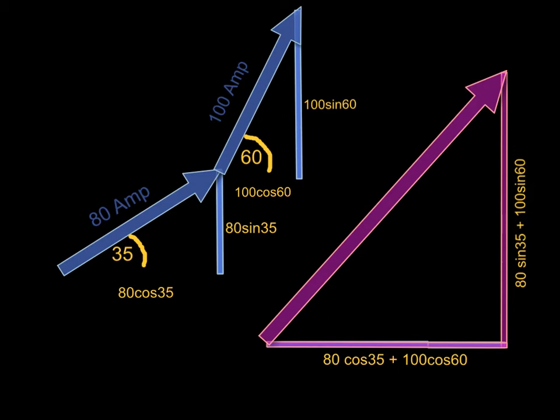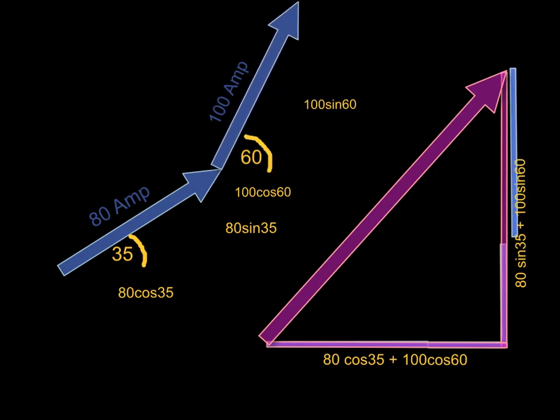Similarly, for the vertical component of the resultant vector, we add the individual vertical components, to obtain a vertical component of the resultant vector that is 80 sine 35 plus 100 sine 60.